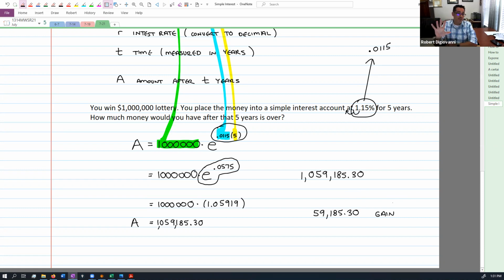Now that's in 5 years. So how much did we gain every year? Let's just take that answer and divide it by 5. We gained about $11,837 per year.